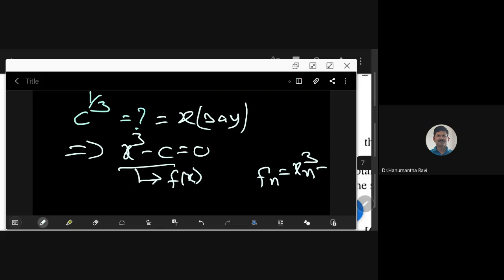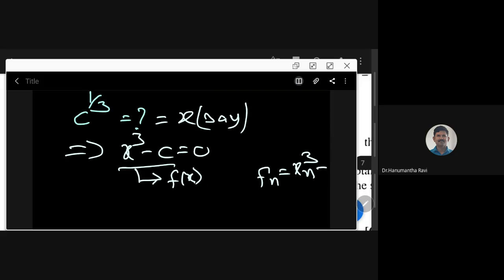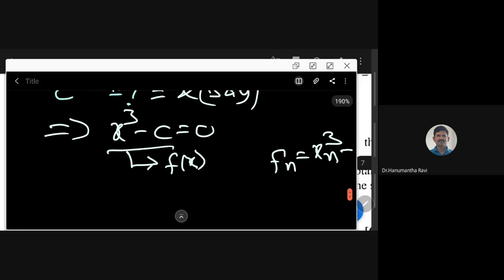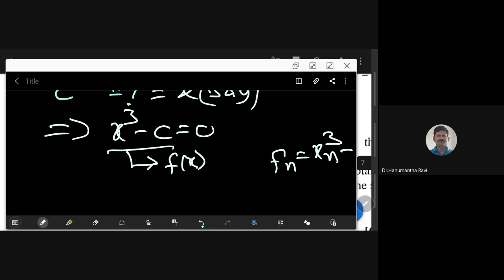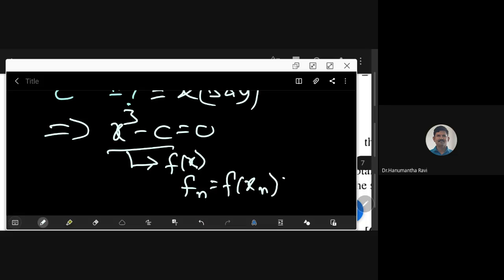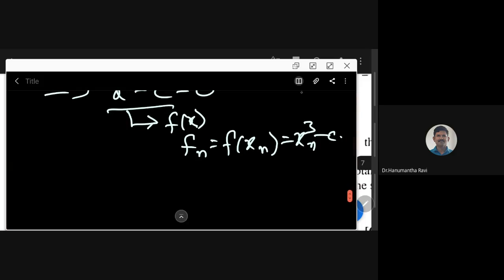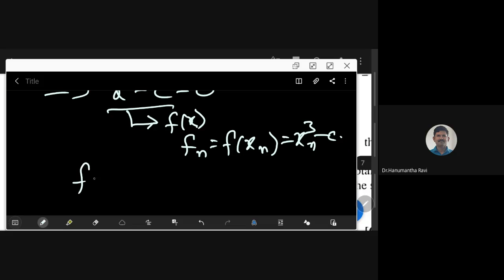And then if we want f dash of x, because for the Newton-Raphson method we need to find f dash of x.